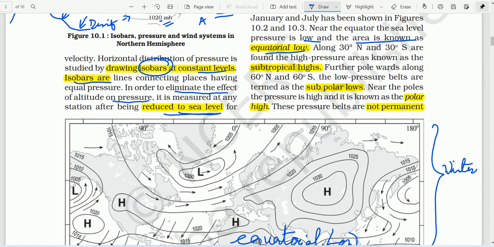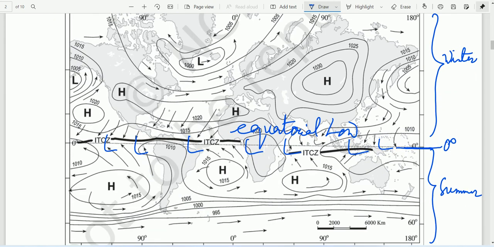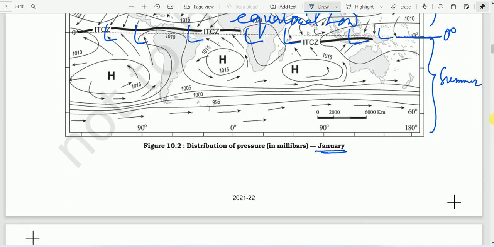Then along 30-degree north and 30-degree south are found high pressure areas known as subtropical highs. So here, let us say we have 30-degree north, and here this is 30-degree south.